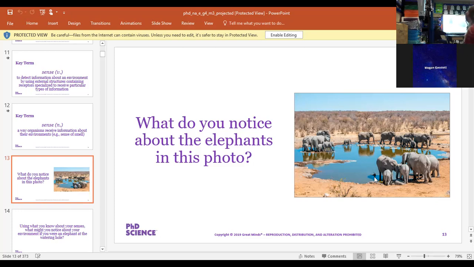Using what we know about our own senses, what might you notice about your environment if you were an elephant at that watering hole? I would run. I'm going to call on people so we're not shouting out, okay?